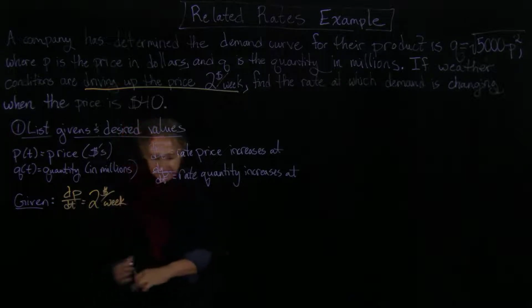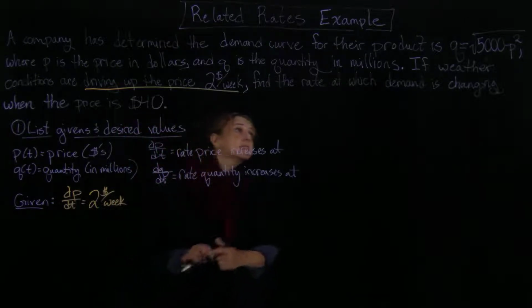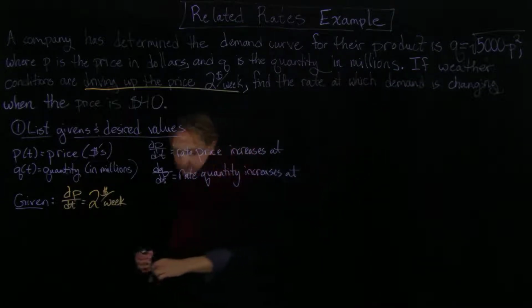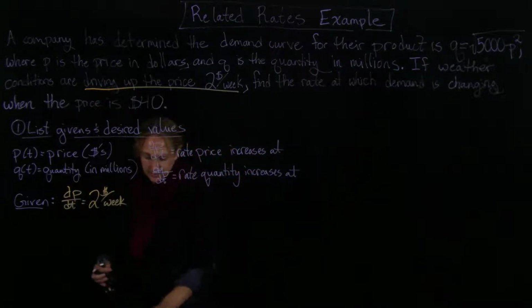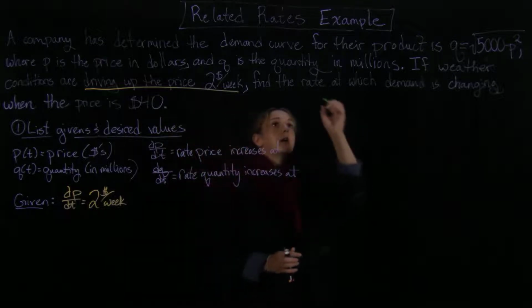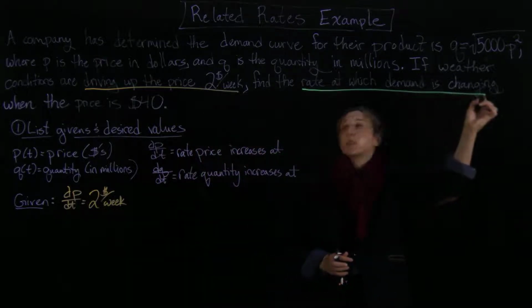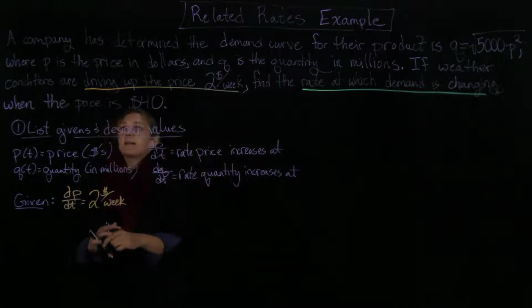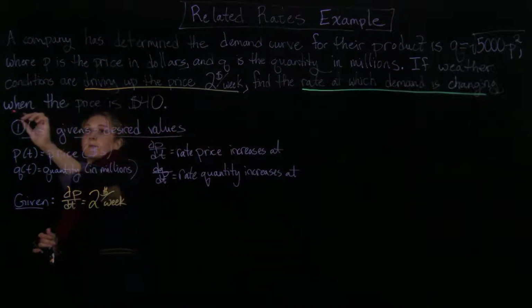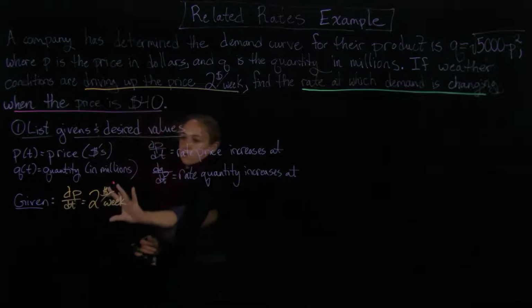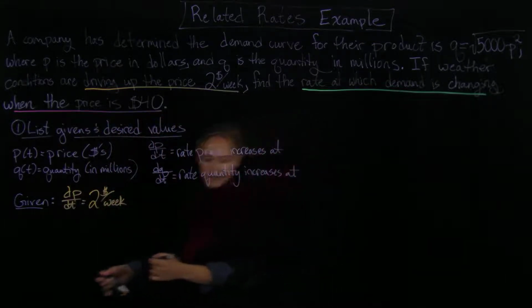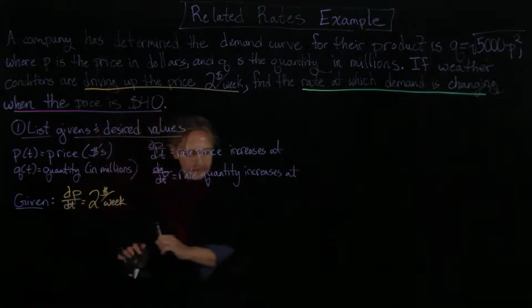But we're going to notice something in there, which is that we're looking at the rate that the demand is changing. Let's underline that because we're going to come back to it. We want the rate at which the demand is changing. The last thing that we have is that the price is $40, so we're looking at all these values only when P equals $40.